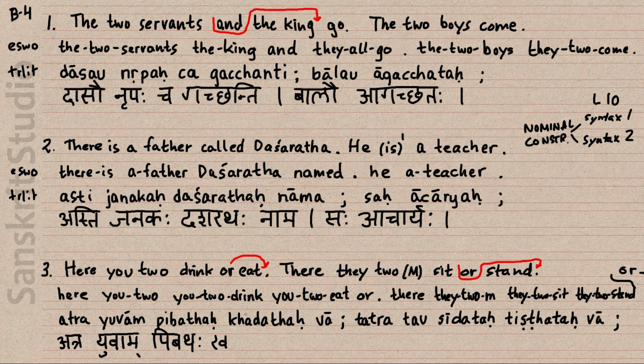And we should have a long A there, khadatha. Right, correction there. Va.